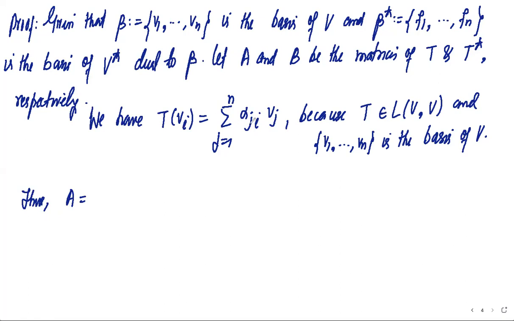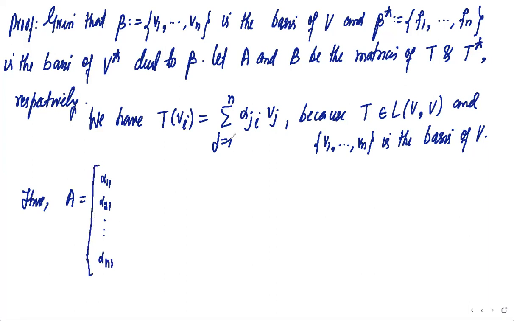Now T of V1 will be summation j from 1 to n alpha j1 Vj. So the first column of this matrix will be alpha 1 1, then the second entry will be alpha 2 1, and then alpha 3 1, and so on, alpha n 1. So this will be the first column of the matrix A.